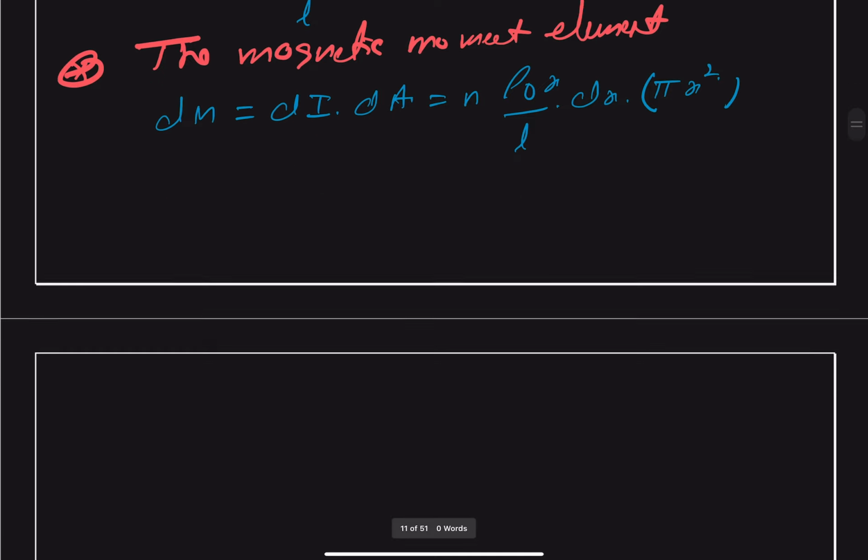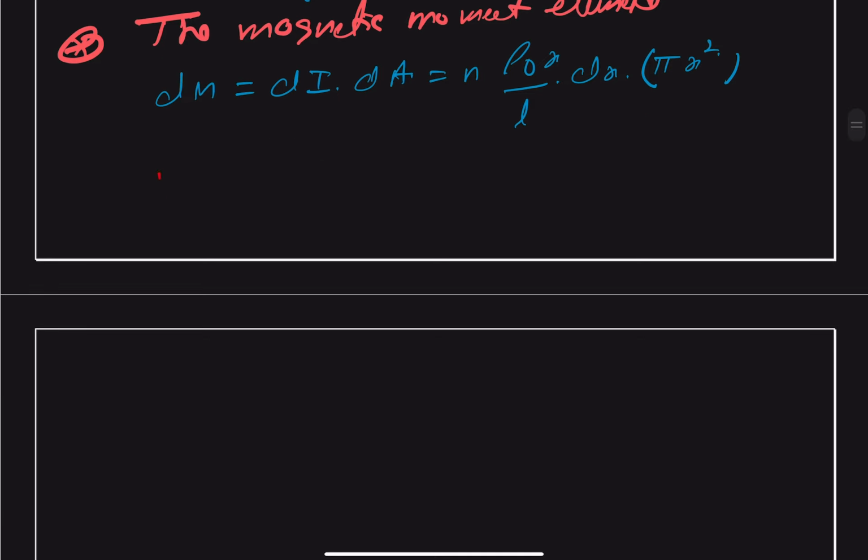So we can write that our dm will be equal to pi n rho naught x cube times dx divided by L.